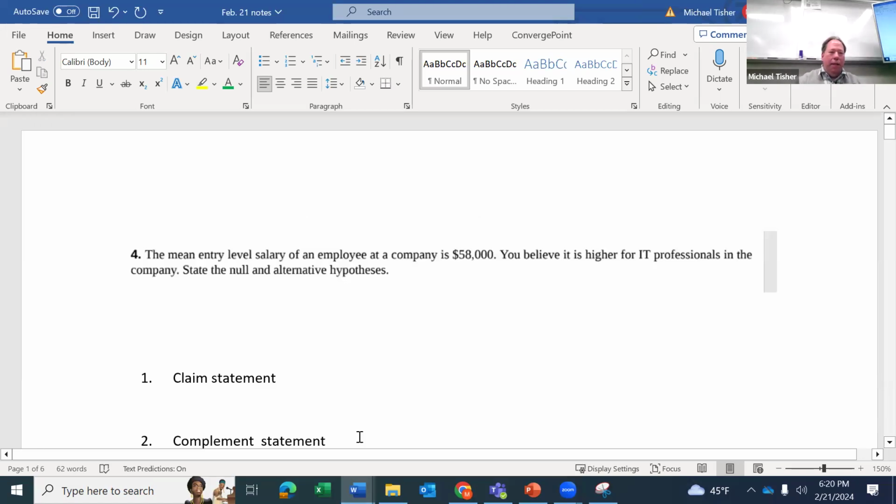So we believe that the salary is higher for IT professionals than 58,000.